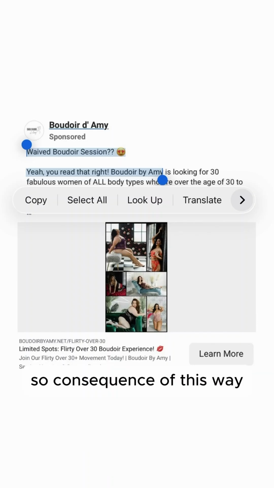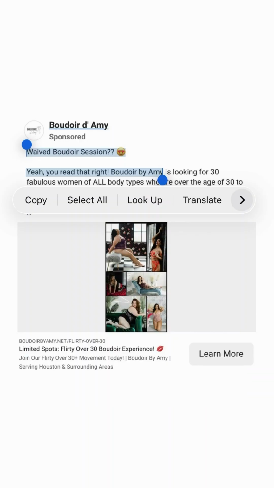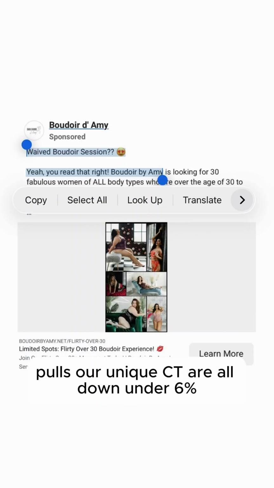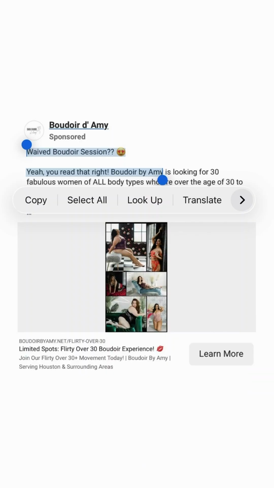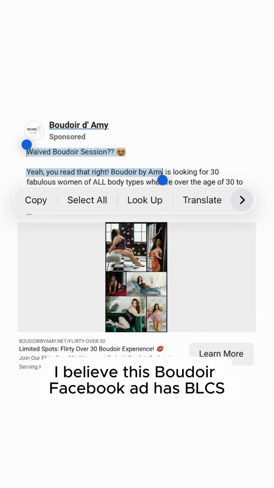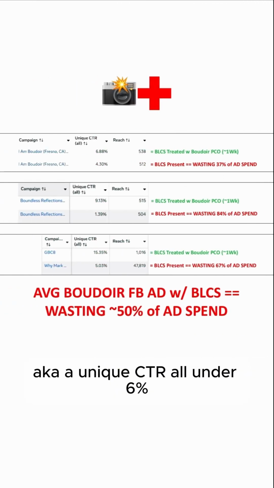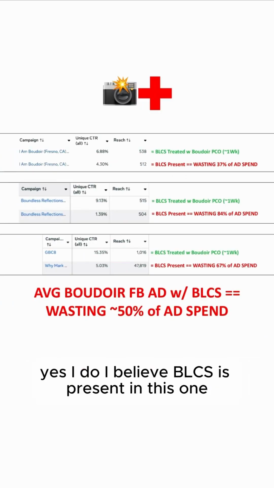The consequence of this is way more women scrolling by our Boudoir Facebook ad than necessary, and as a result it pulls our unique CTR under 6% and contributes to BLCS, Boudoir low click syndrome. So my diagnosis: I believe this Boudoir Facebook ad has BLCS, Boudoir low click syndrome, aka a unique CTR under 6%. Yes, I do. I believe BLCS is present in this one.